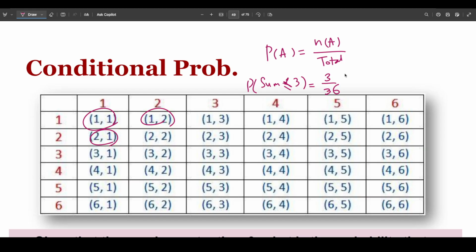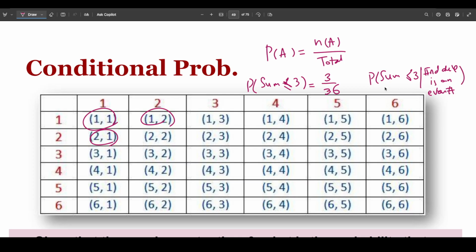Okay, now I'm going to change my question. Can you tell me what is the probability of having a sum less than or equal to 3, given that the second die is an even number?